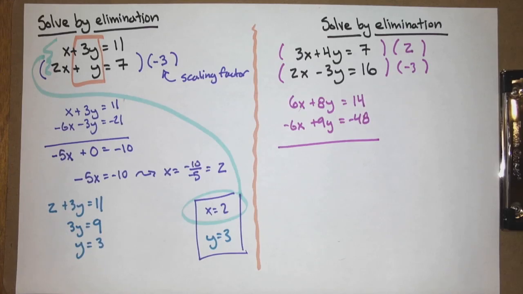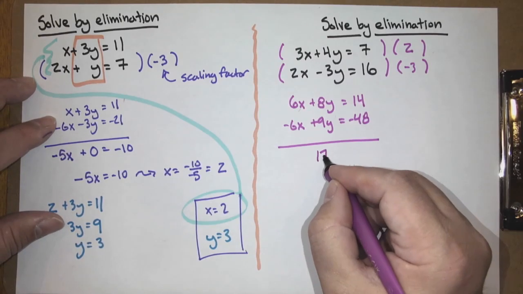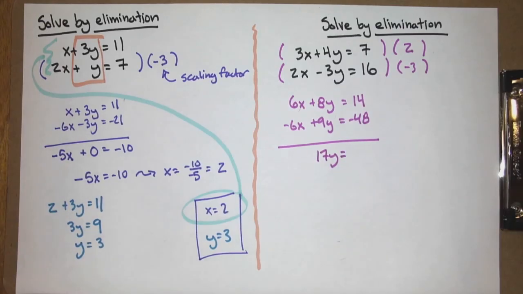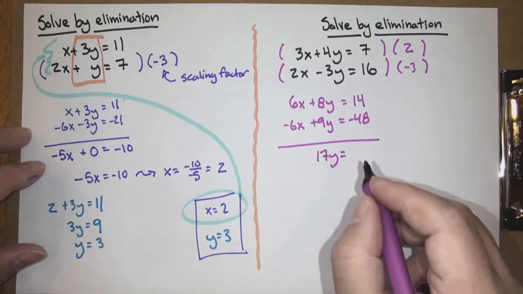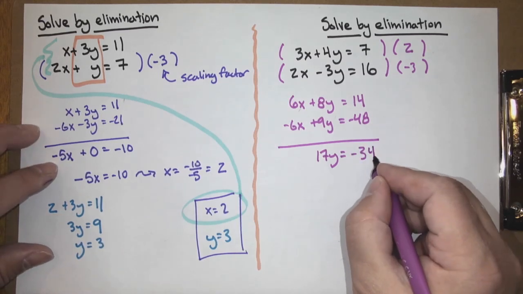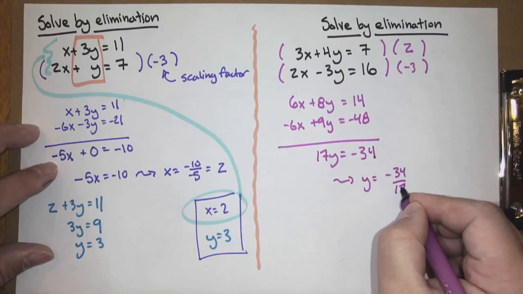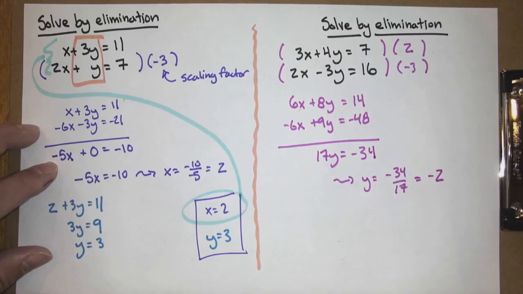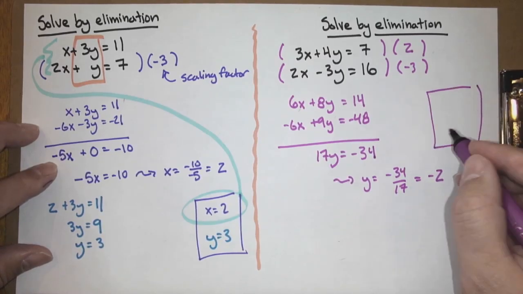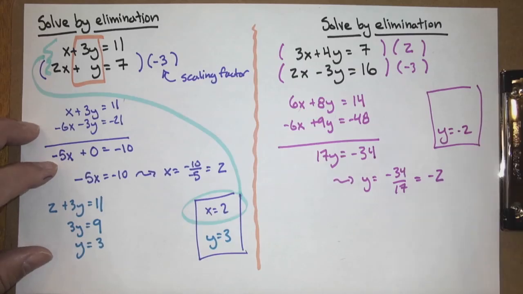The 6x minus 6x gives us 0. 8y plus 9y, 17y. 14 subtract 48, calculators are perfectly allowed, negative 34. So that tells us, aha, y is negative 34 divided by 17, which is negative 2. So we're like, cool, we know part of our answer. Now how do we get the rest?